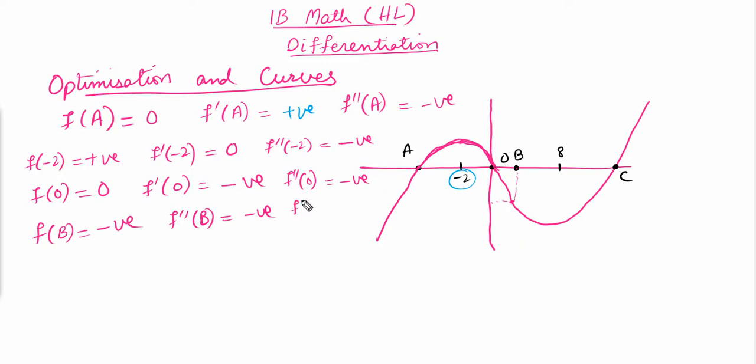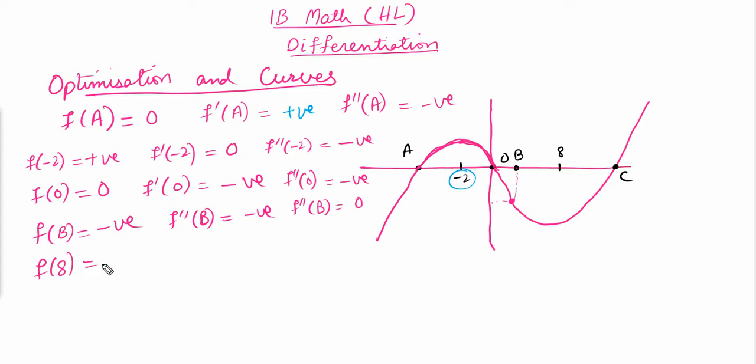But the concavity at this point will be equal to 0. Why? Because this is the point where the graph is shifting from concave down to concave up. So at this particular point, the concavity will be equal to 0, and this point will be called the point of inflection.